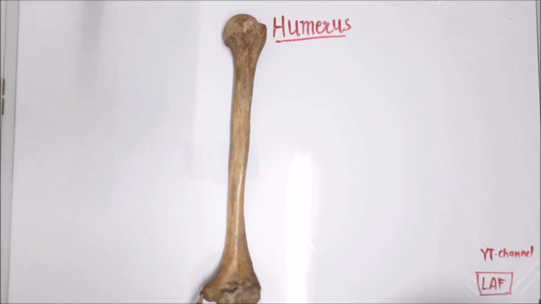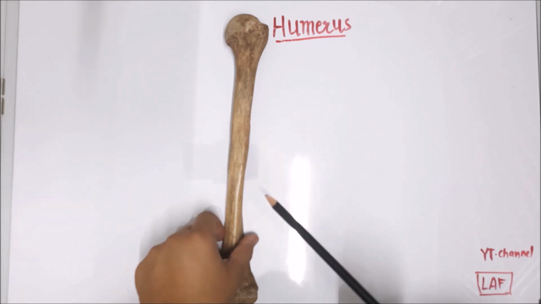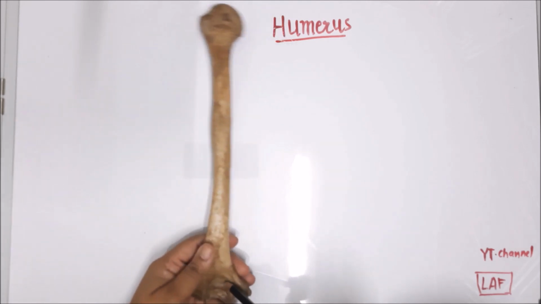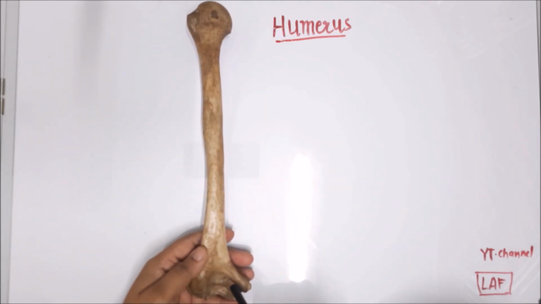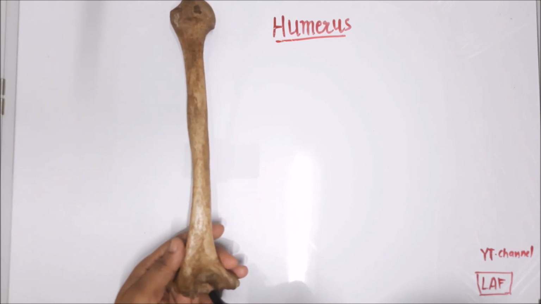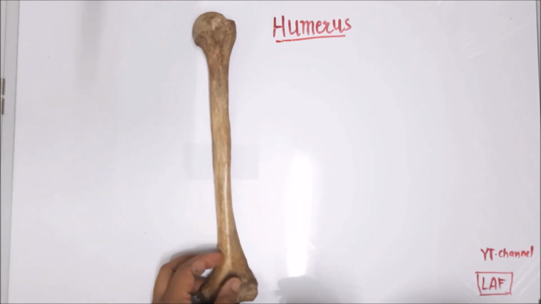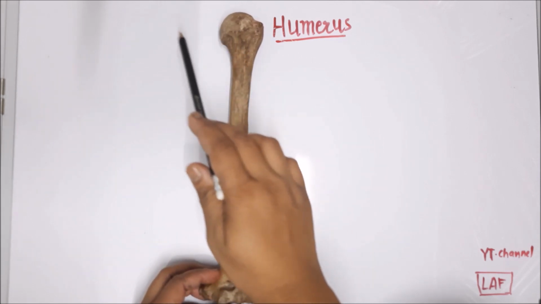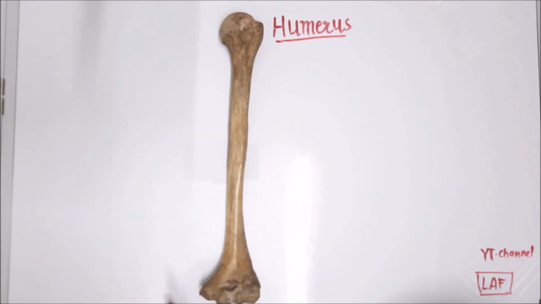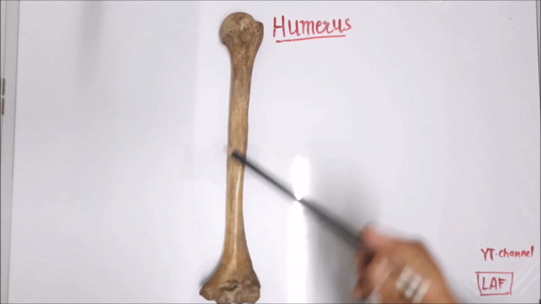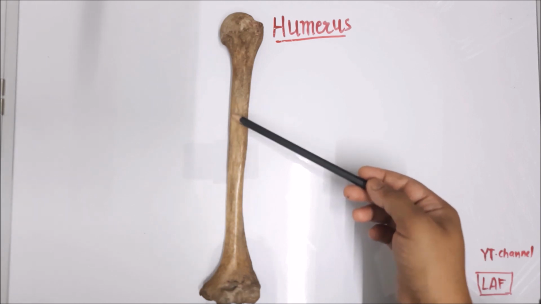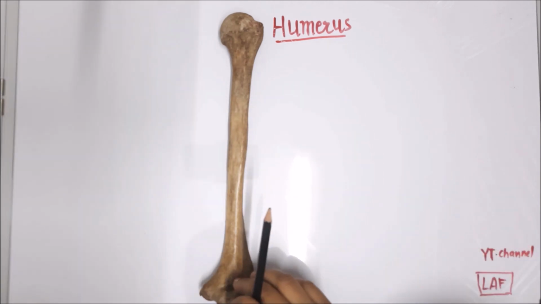The olecranon fossa should be on the posterior side. So keep the olecranon fossa posterior, the head directed medially, and the medial epicondyle on the medial side. So this one is of the left side of the humerus.